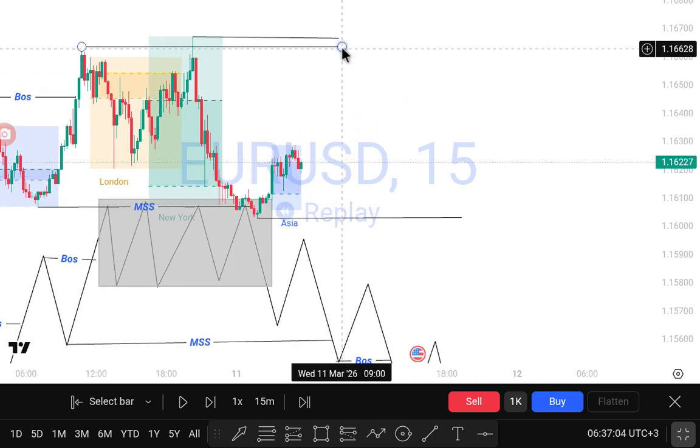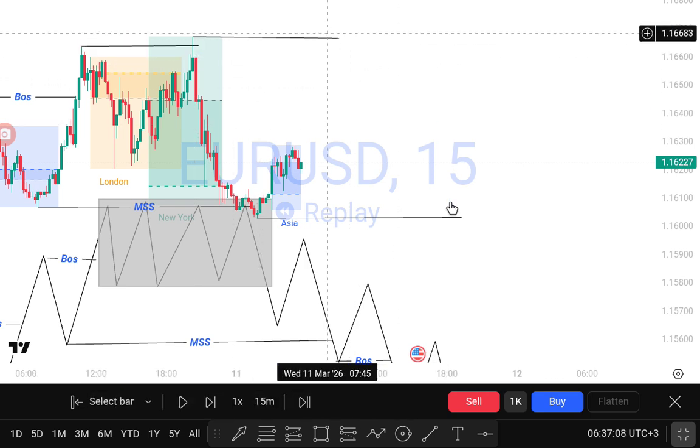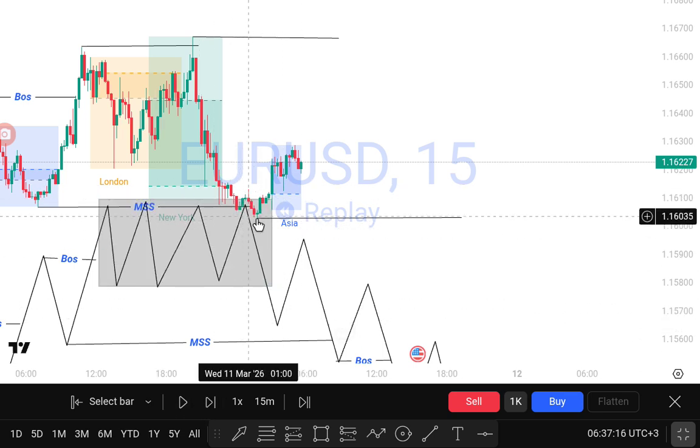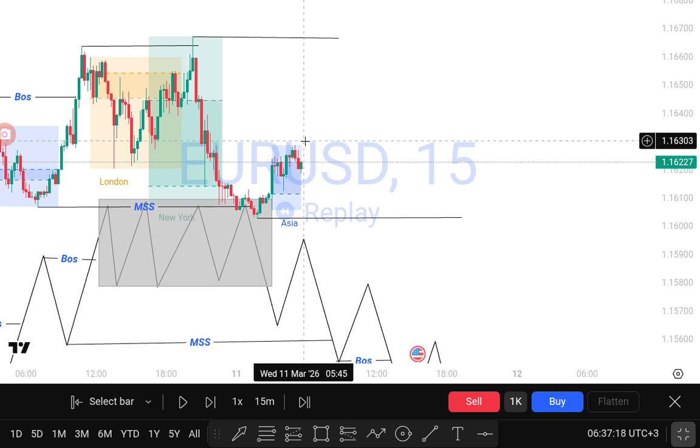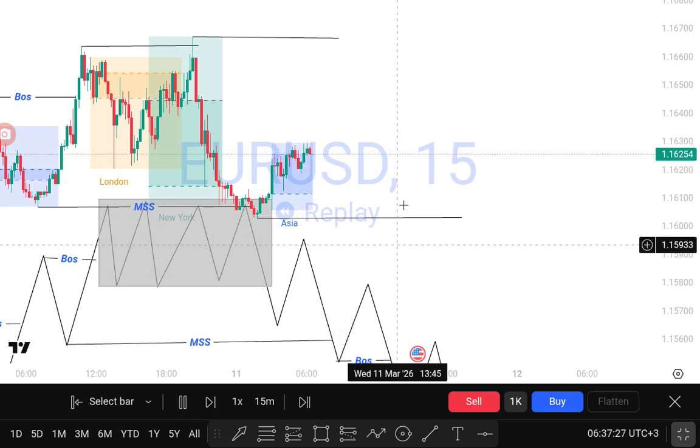This was the liquidation from this high to this. As the market structure suggests, after a break of structure or market structure shift, a push, a pullback a little, then we continue. So now we expect to break this low.